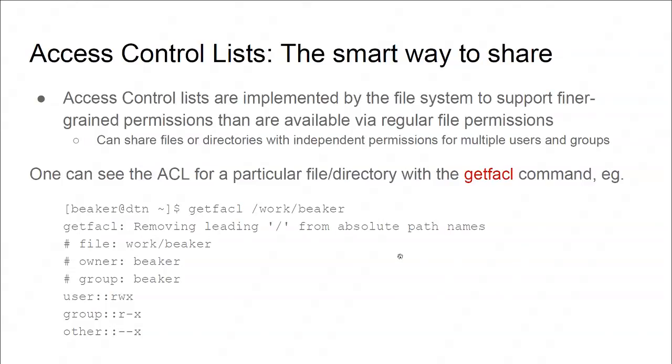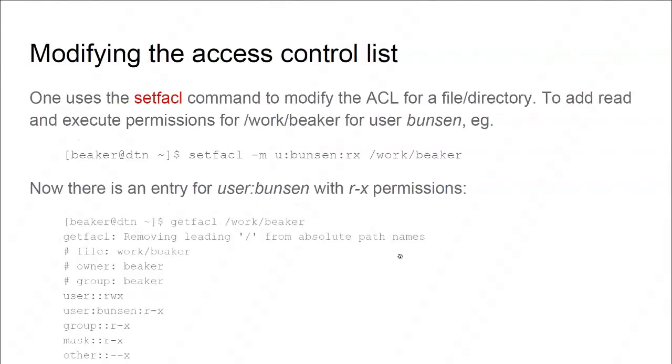If you want, you can add permissions for somebody else using the setfacl command. For example, if we want to add read and execute permissions to this work directory for another user named Bunsen, who isn't in the group, you can do so with setfacl -m for modify, followed by u for user. If you want a group, I believe you put a g here instead. Then the user's name, followed by the permissions you'd like that user to have.